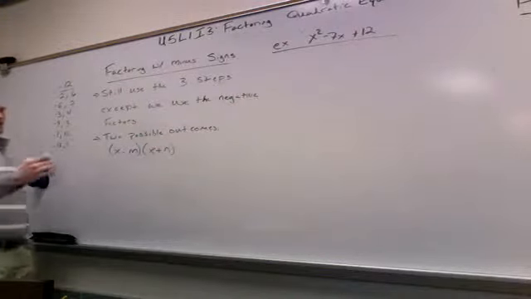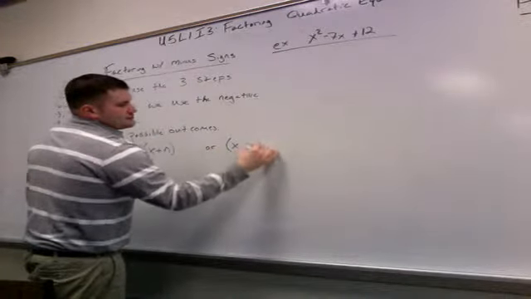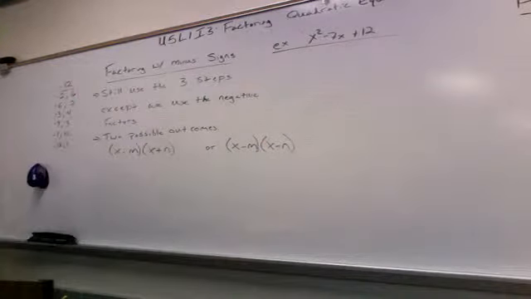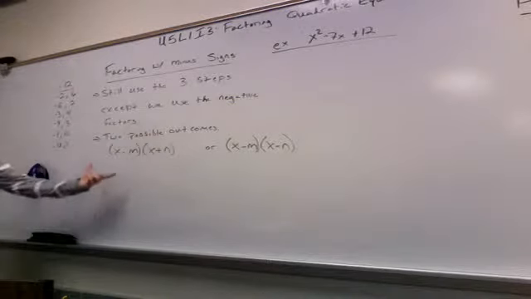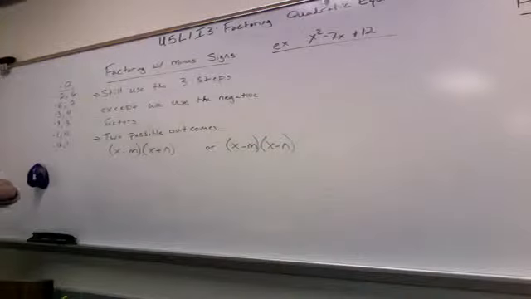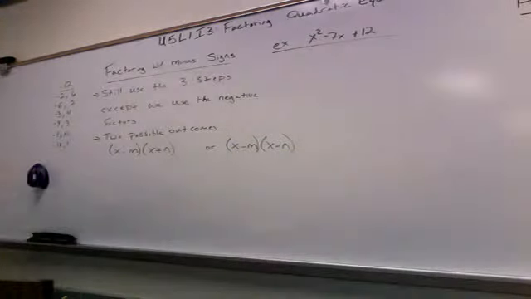The other possible outcome is x minus m times x minus n. Now, before we factor, I'll be able to know which outcome I'm going to get. How do we do that? Depends on the sign on our b and the sign on our c.